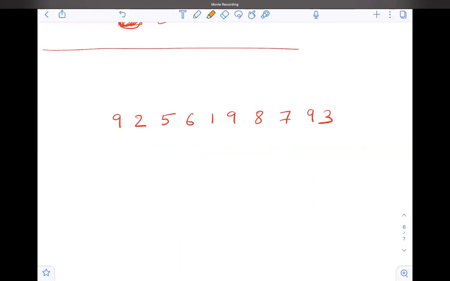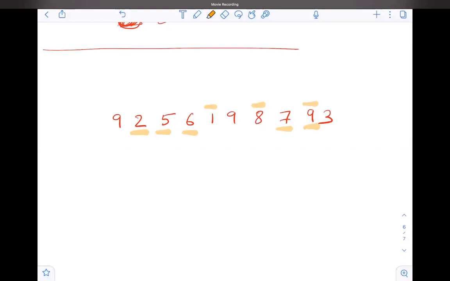But what we are interested in is the increasing subsequence. For example, 2, 5, 6, 7, 9 is an increasing subsequence, where the elements keep on increasing. Another one can be 1, 8, 9.